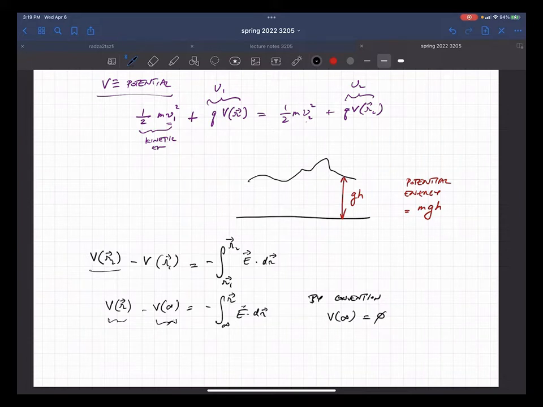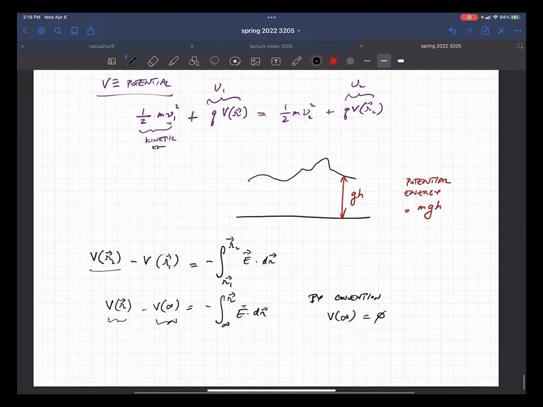We could do that, but just to make life easy for ourselves, by convention, people have made the potential at infinity equal to 0. So when you're sitting in the lab and you've just measured a voltage of 10 volts on your potentiometer, you're saying it's 10 volts with respect to infinity, which is by definition 0.